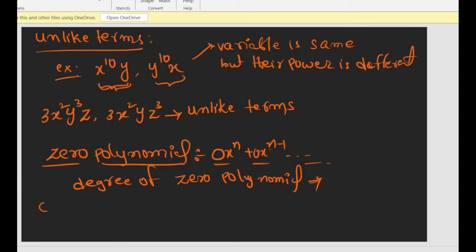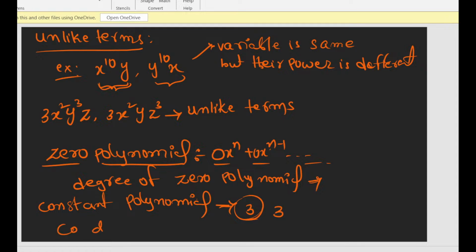Now one more is the constant polynomial. For example 3 is a constant number. Here what is the degree? Is there any variable here? No, nothing is there. So 3 is called a constant polynomial. What is the degree of a constant polynomial? That is 0.